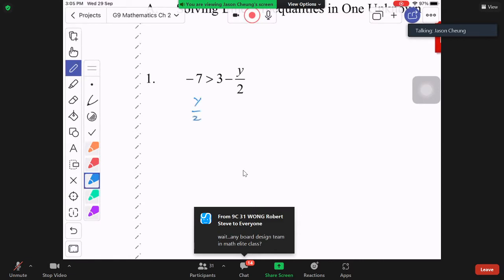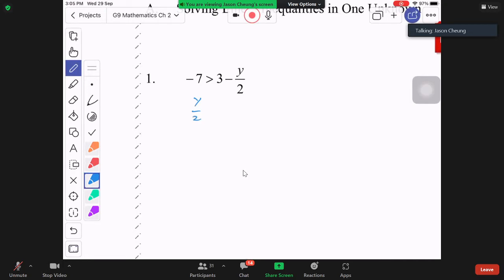That is to move it to the left-hand side, and then move the -7 to the right-hand side, so that all the things become positive. When all the things become positive, it will become very easy. So if possible, try to move it to become positive first.